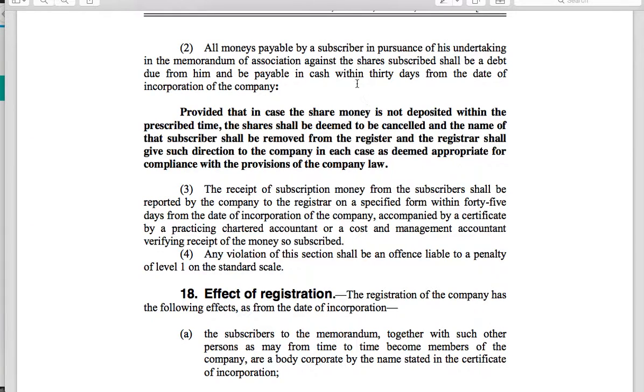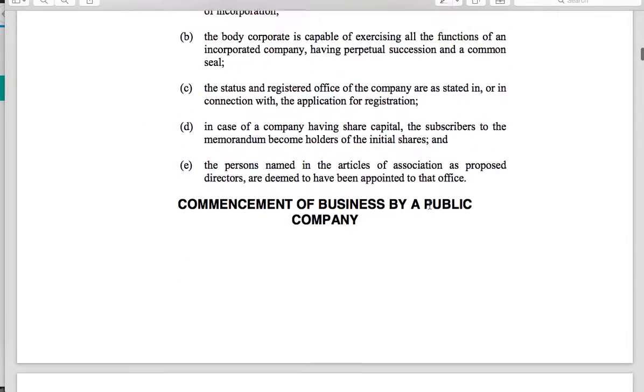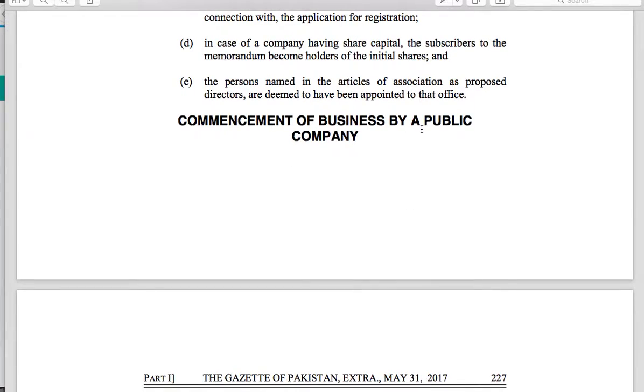So the company and its directors have to deposit the money within 30 days of incorporation, and the auditor certificate has to be given within 45 days of incorporation, and this auditor certificate is then uploaded on the e-services SECP website, where the auditor certificate states that this money has been received, and then the registration is complete. Now commencement of business can be started.